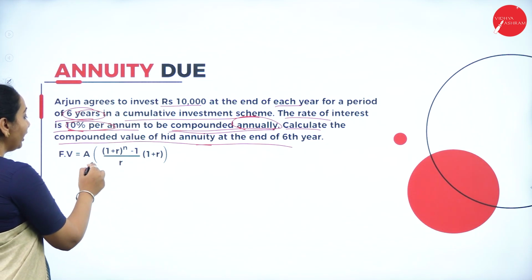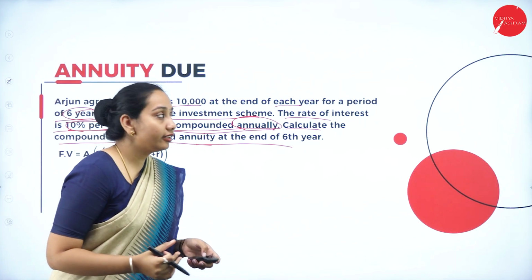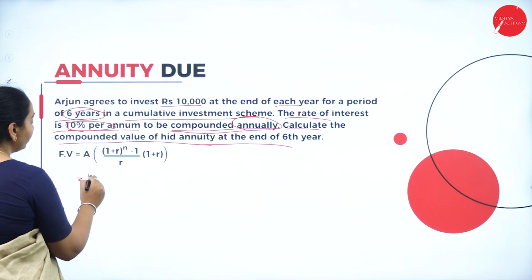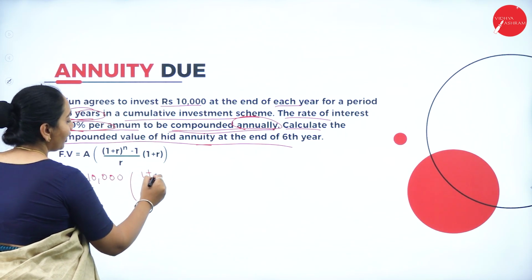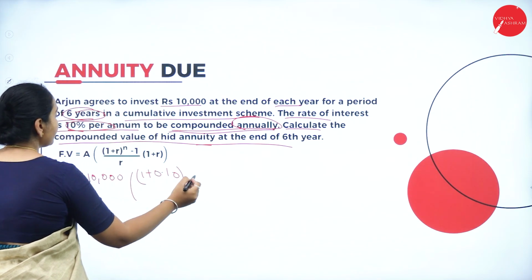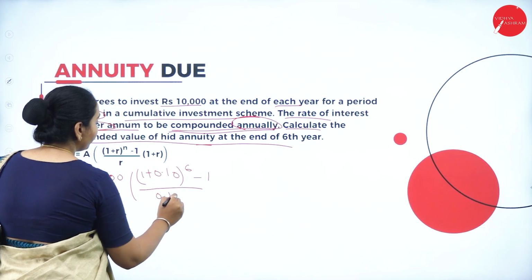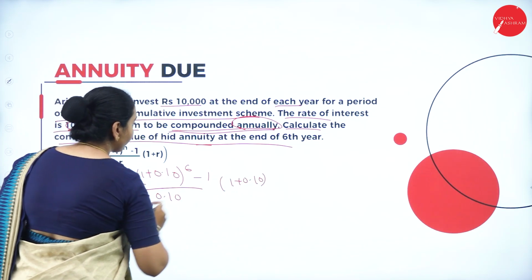Then calculate the compounded value of the annuity at the end of the 6 years. The formula: A into (1 plus R) to the power of n minus 1, divided by R, into (1 plus R). So we'll do the calculation. We have the annuity value 10,000 into (1 plus R, where R is 0.10) to the power of n, where n is 6 years, minus 1, divided by 0.10 into (1 plus 0.10).